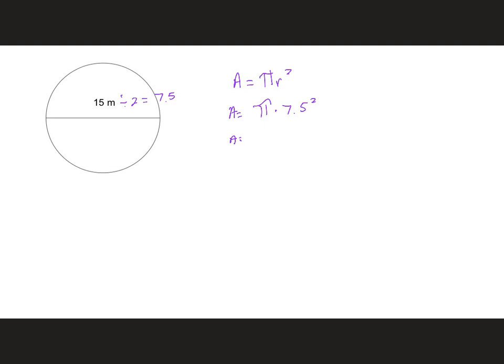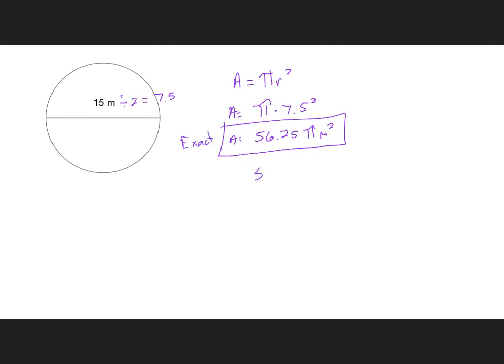When I square 7.5, I get 56.25 pi meters squared. So that's my exact.